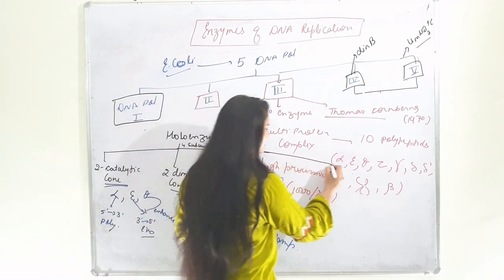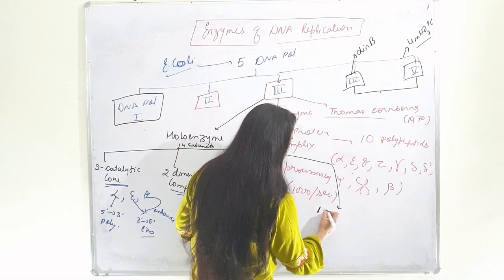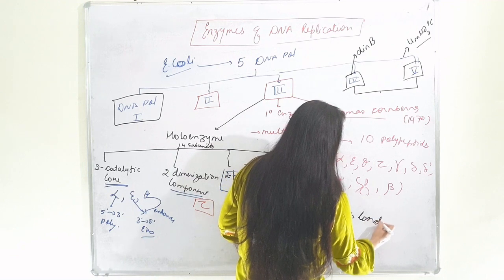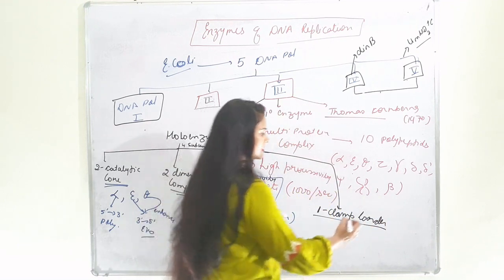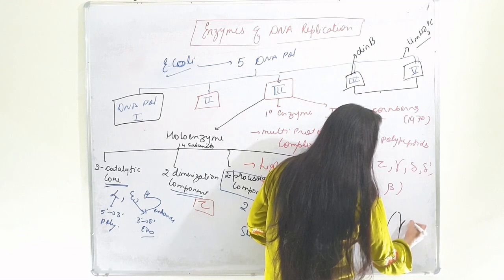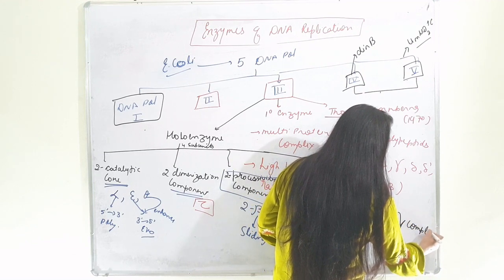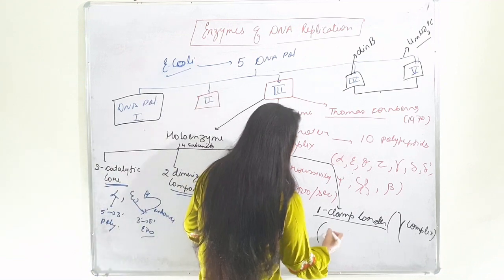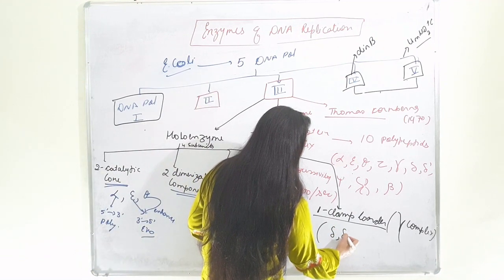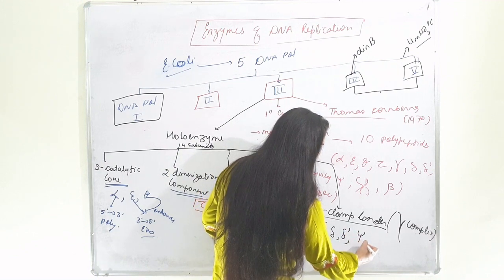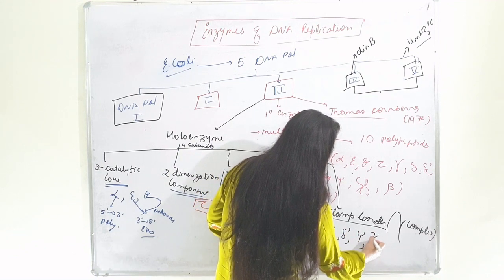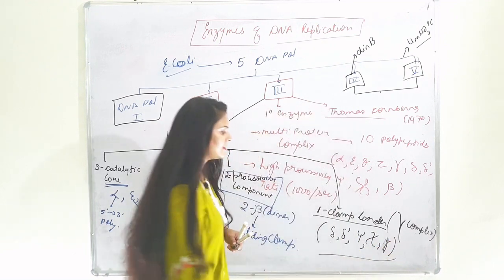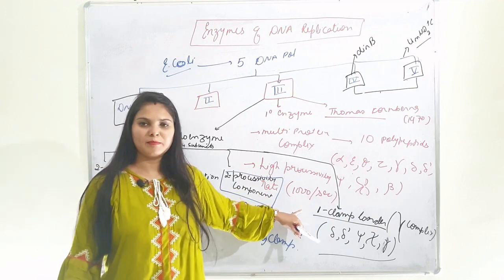Now last, it consists of 1 clamp loader, which is also called the gamma complex, and it is formed by 5 subunits, which are delta, delta dash, chi, psi, and gamma. These are the 5 subunits which form a clamp loader.